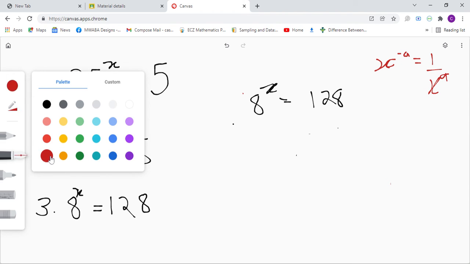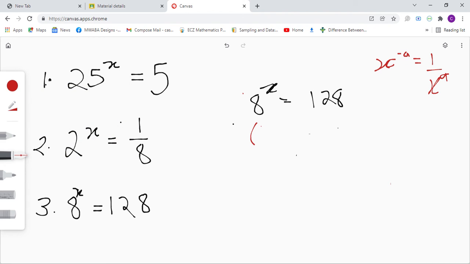In this case, we're going to make our base 2. So 2 to the power 3, to the power x, equals, then 128 is the same as 2 to the power 7.